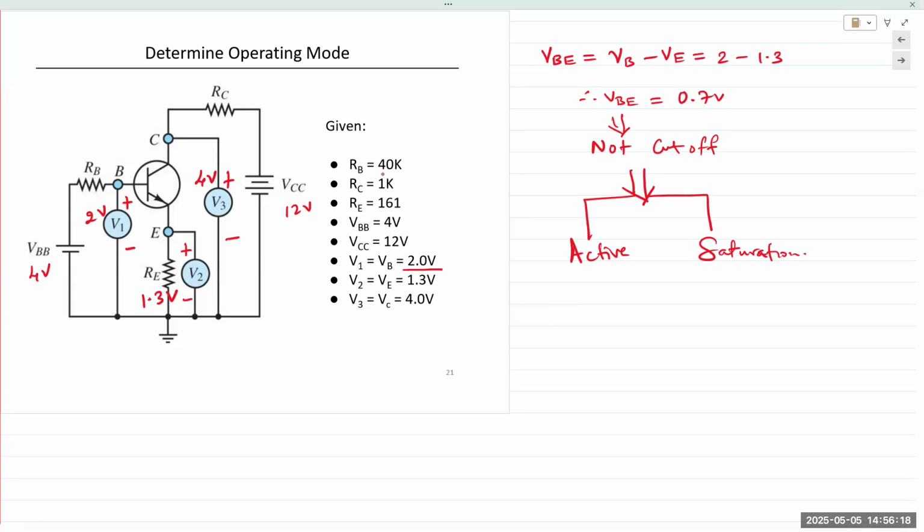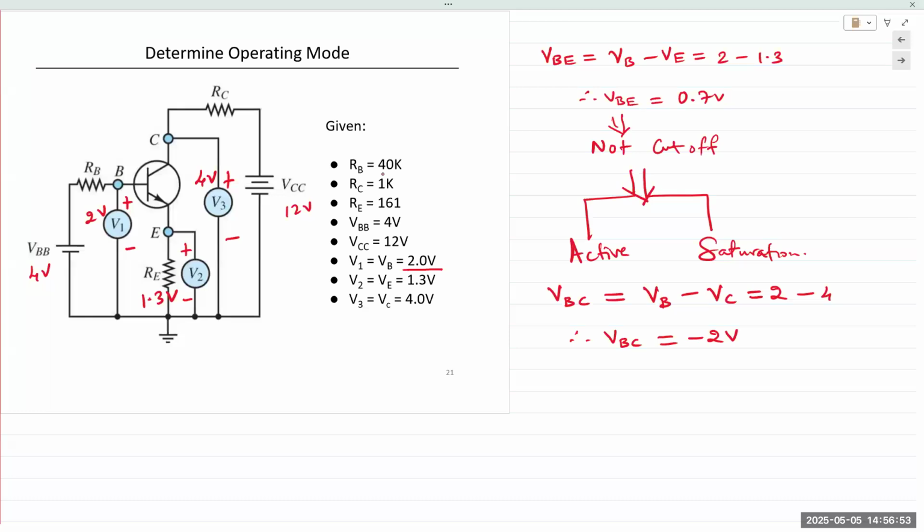VBC. Again, VBC. Base is P-type, collector is N-type. So base must be higher than the collector, so VBC must be positive. So 2 minus 4, and VBC is negative.